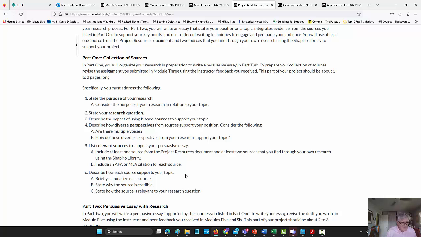And then when we talk about diverse perspectives, we're looking at, are we talking about experts in the field or PhD in management, or are we talking about an HR professional, or are we talking about a personal anecdote? And then listing the sources, and then briefly summarize, state why it's credible, and tell us how you've used that source.